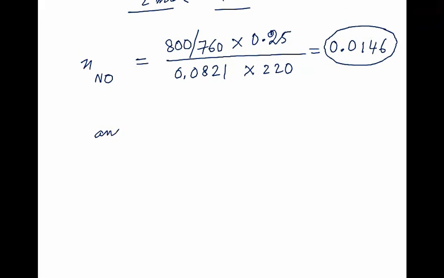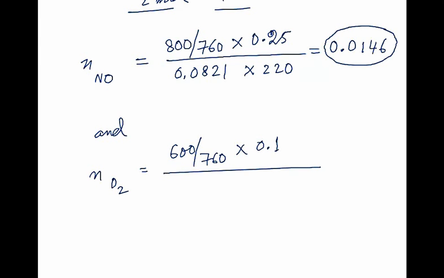Similarly, we have to calculate the number of moles for oxygen. The number of moles for oxygen is equal to 600 divided by 760 multiplied by 0.1 liter, which was the volume. This whole divided by 0.0821 multiplied by 220, which is equal to 4.37 multiplied by 10 to the power of minus 3 exactly.